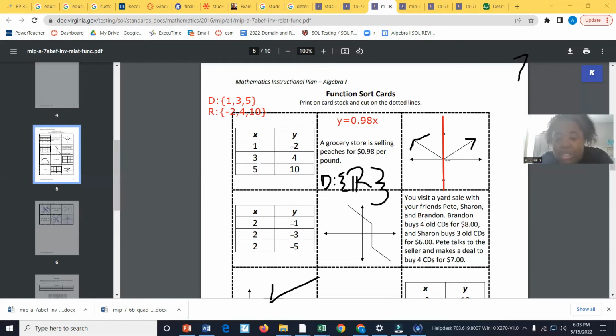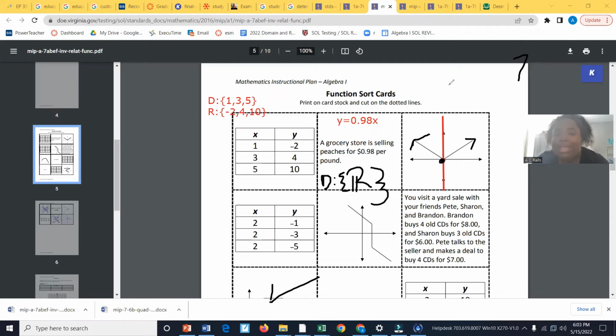What's the lowest this graph goes? Well, the lowest point that this graph travels is right here. So where is that on our range? Our range is our y. In terms of range, the lowest y that this graph goes is 0.